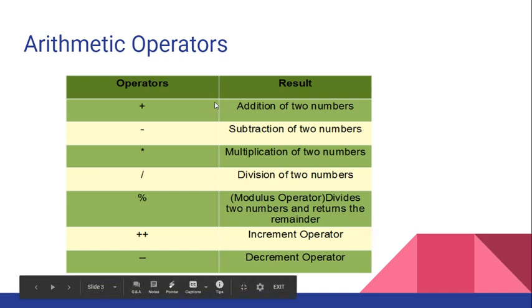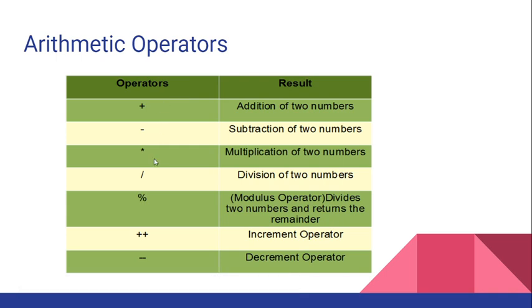So the plus, minus, into, and division, you already know what they do. Plus does addition of two numbers, minus does subtraction of two numbers, into does multiplication of two numbers, and forward slash does division of two numbers.